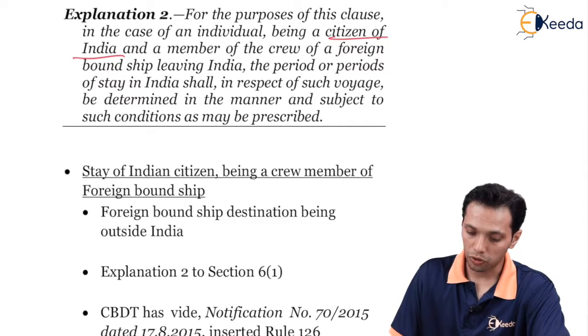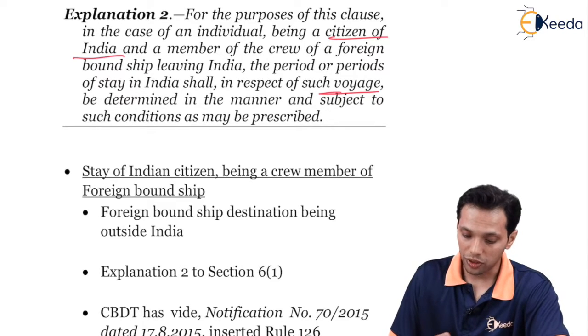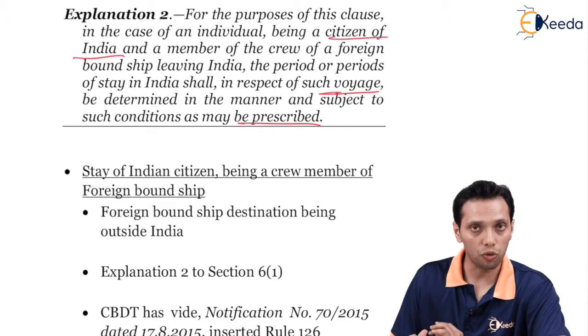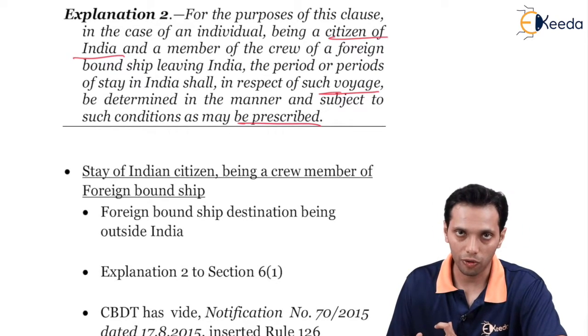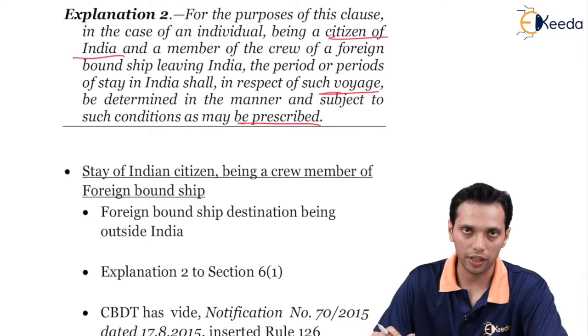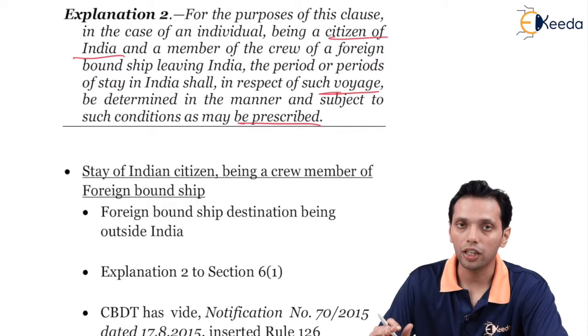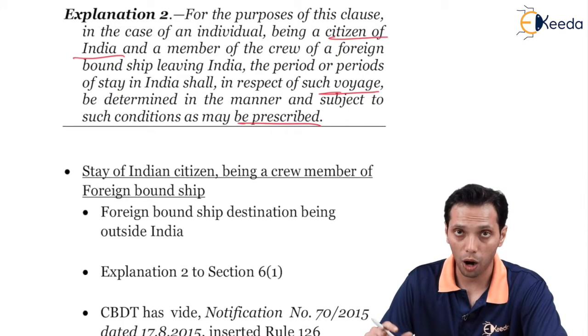So for the foreign bound ship leaving India, the period or periods of stay in India shall in respect of such voyage be determined in the manner and subject to such conditions as may be prescribed. So as may be prescribed, there is a rule which is also covered here. Rule 126 also covers the taxability of such a person, the Indian citizen who is leaving as a member of the crew of a foreign bound ship.